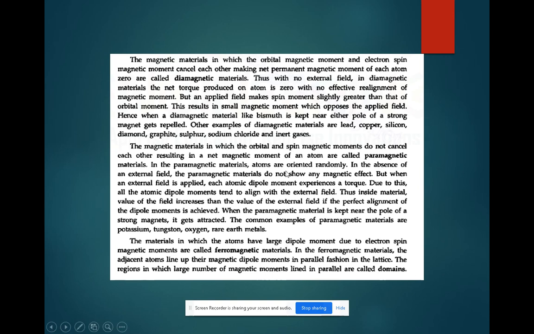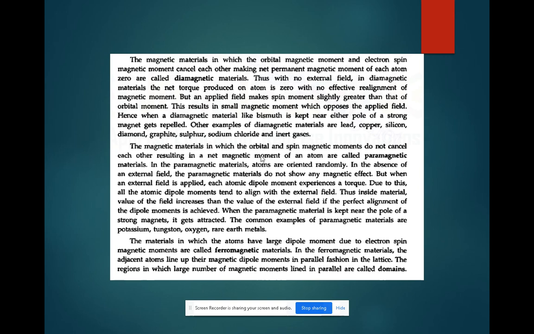So the magnetic material in which the orbital moment as well as the spin moment do not fully cancel each other, producing some net magnetic moment in the material, is called a paramagnetic material.